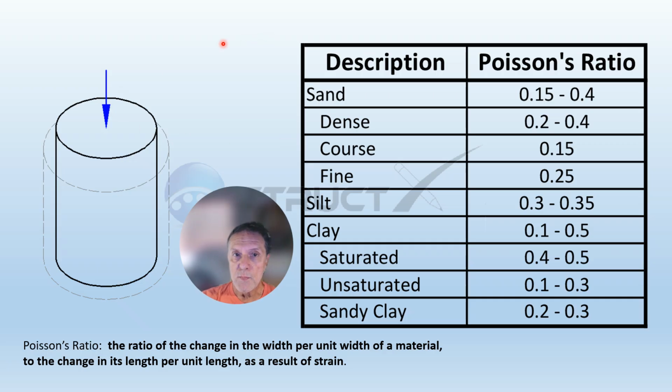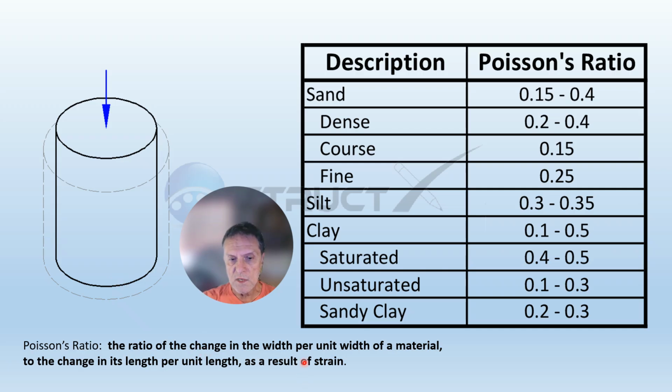So this is a depiction of Poisson's ratio. It shows that under a vertical stress, when you're pressing down on this cylinder of soil, it will compress in height and expand in width if it's unconfined.